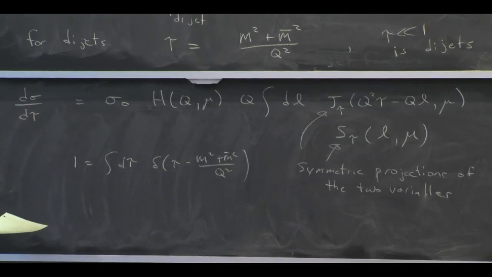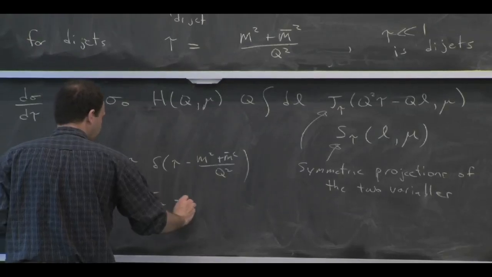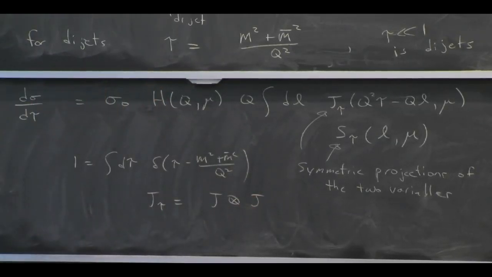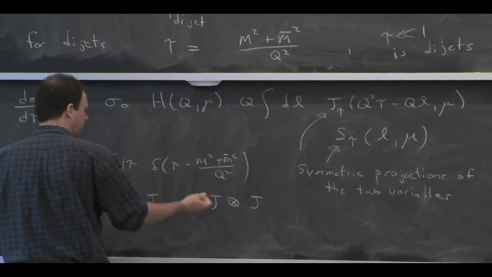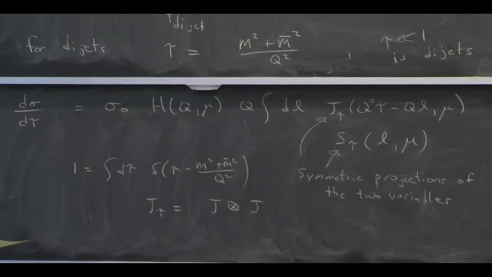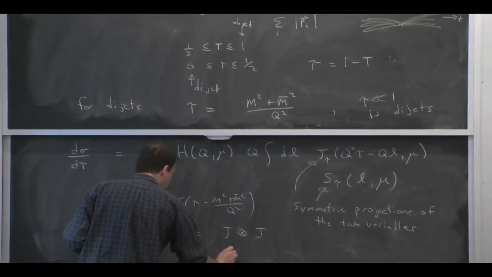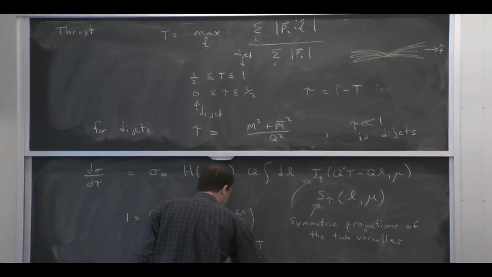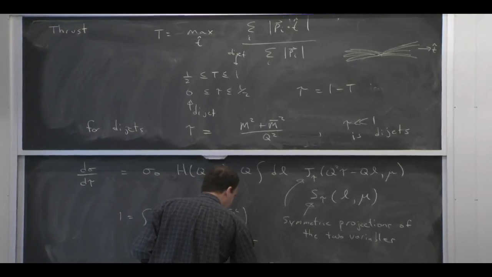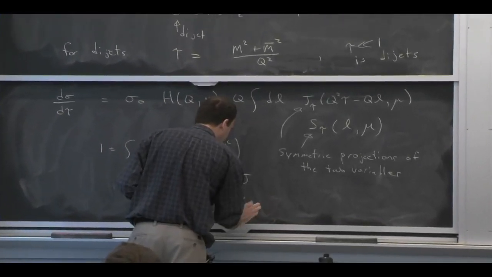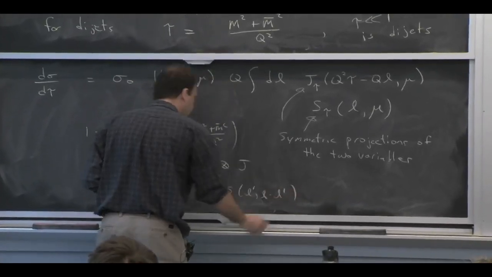J tau is literally j integrated over, fixing the sum of the momentum and integrating over the difference. So this guy depends on one momentum, and these depended on two, and there's one integral. And then S tau is like one integral of something like this. That's called the integral L prime. It's like that.